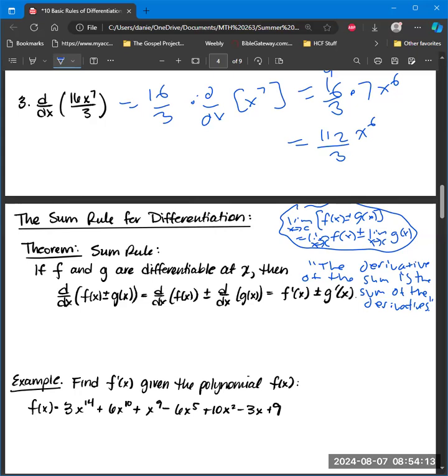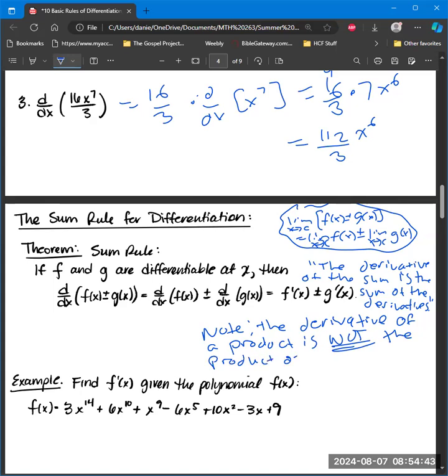Note here, just before we even get there, the derivative of a product is not the product of the derivatives.